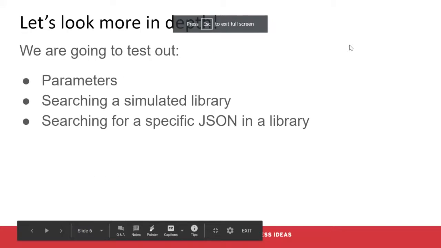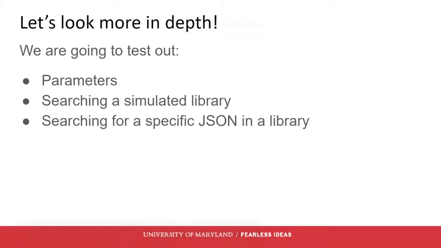Okay, so what we're going to talk about right now is that we are going to test out using parameters, see how we can pass information from a URL into our server, and how the requests there are processed. We're going to simulate a library of sorts where we're going to be holding some information. We're just going to go through an array. We're not going to have something too fancy.